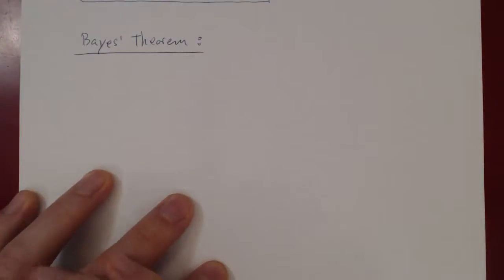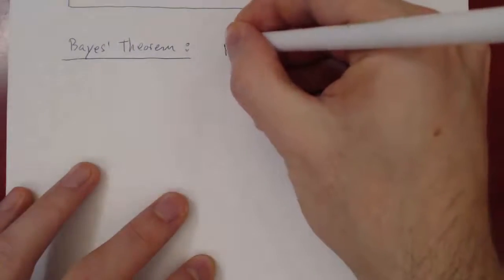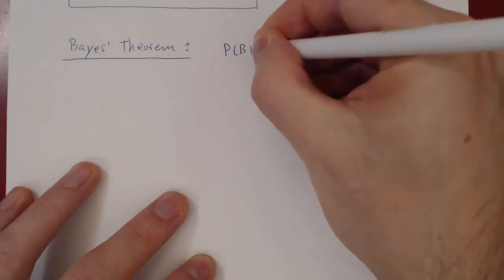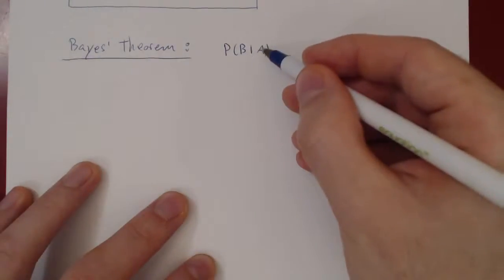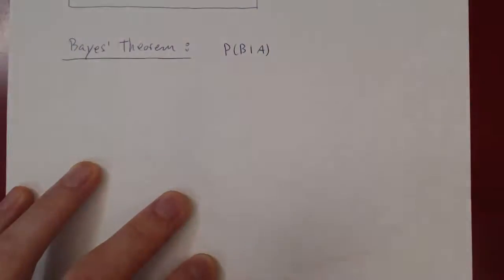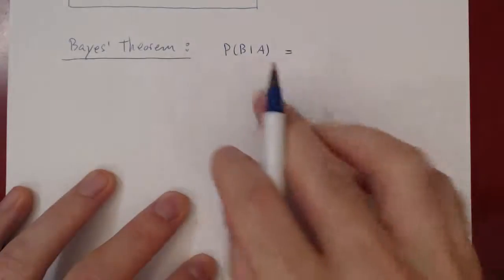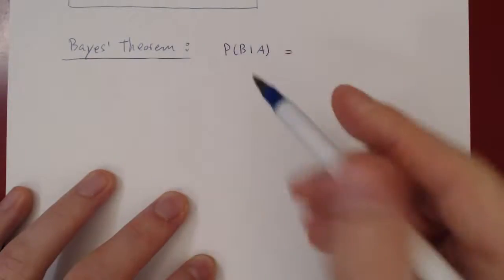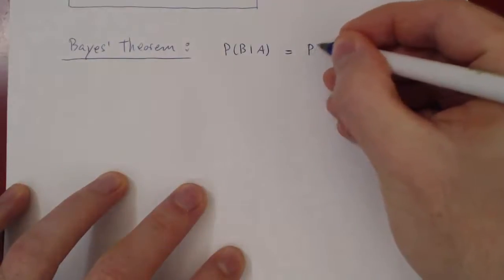And this gives you a way to invert conditional probabilities. Suppose you want P of B given A. So given that A has already occurred, what is the probability that B will occur? Well, sometimes it's easier to find the opposite, P of A given B. And here's what Bayes' theorem tells you.